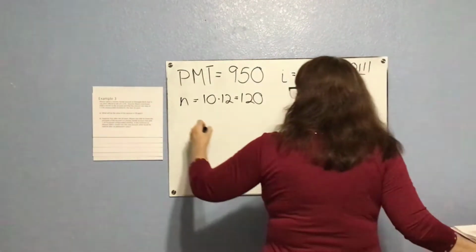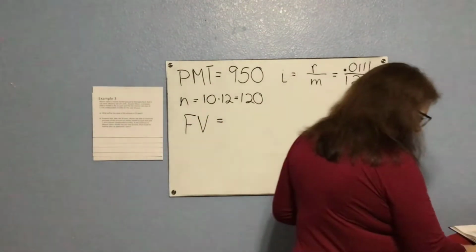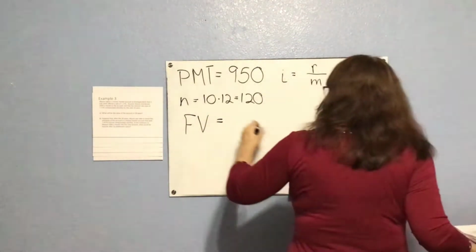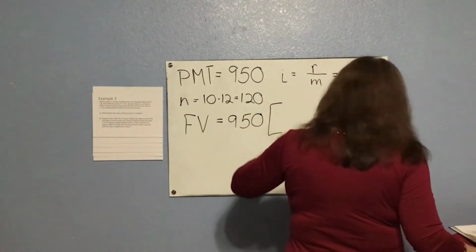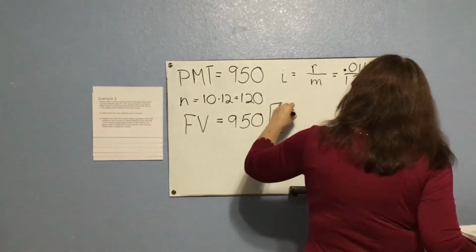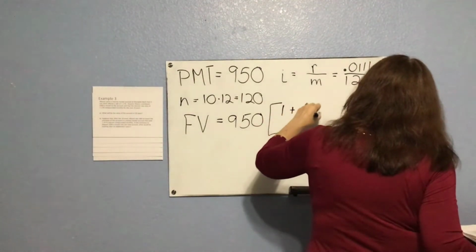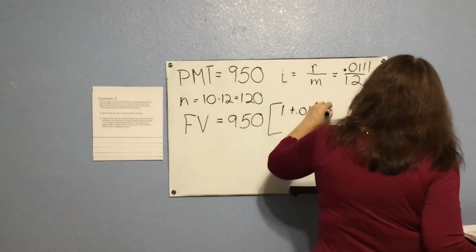So the future value is equal to our payment, $950, times 1 plus 0.0111 divided by 12.